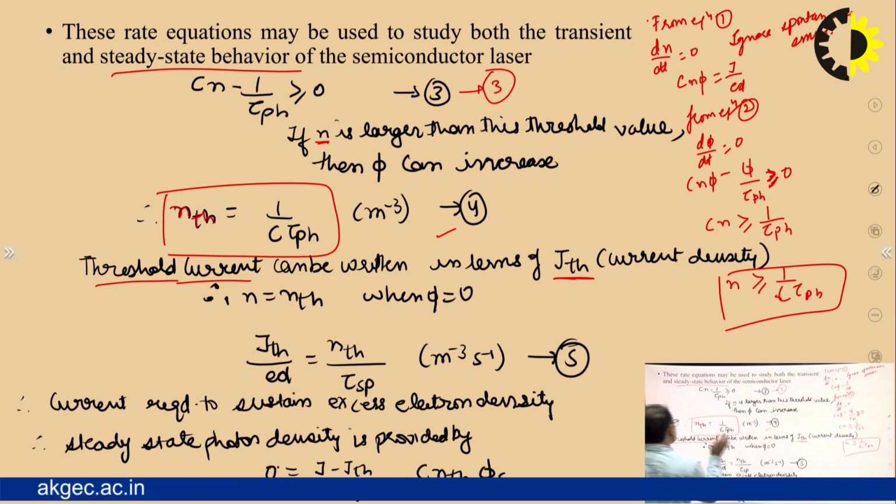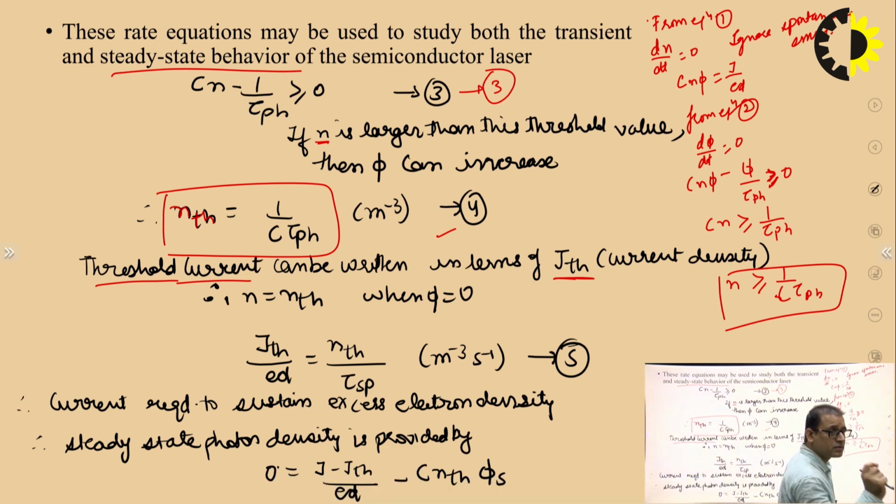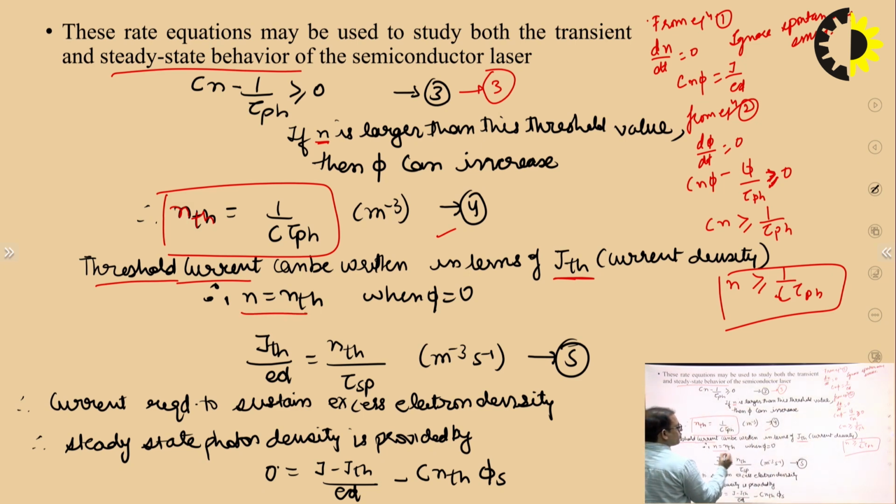If I say the minimum threshold electrons which are applied in the laser device for the stimulated emission, that is NTH, it means the minimum current density which is applied in the laser for the stimulated emission, that is equal to the threshold current density, at which n comes out to be NTH and phi equal to 0.